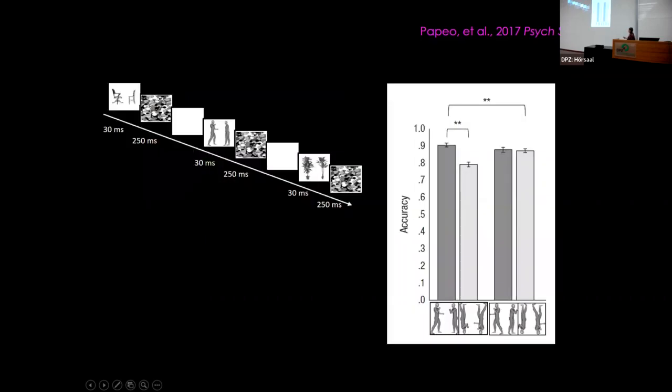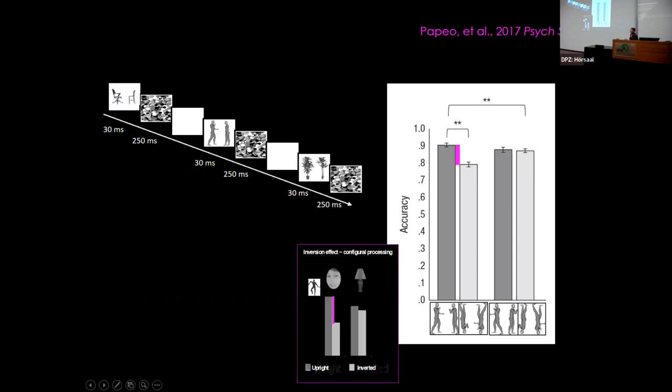Despite the difficulty of the task, we found that subjects were more likely to detect facing bodies as opposed to the very same bodies presented back to back. So the very same bodies were processed with a different sensitivity based on whether they were face-to-face or back-to-back. Moreover, we found a significantly larger inversion effect for facing bodies as opposed to non-facing bodies, for which the inversion effect almost disappeared.